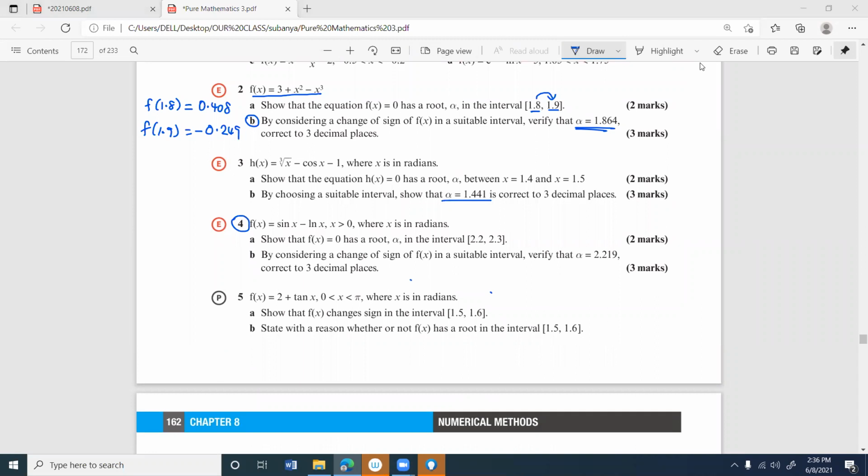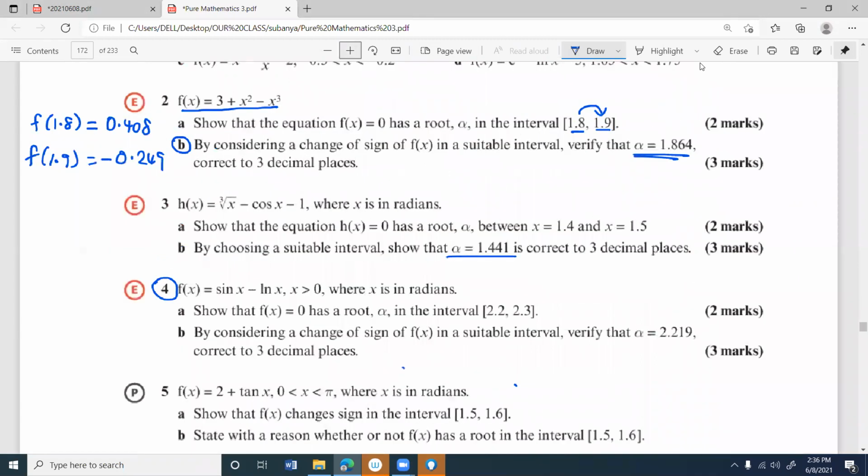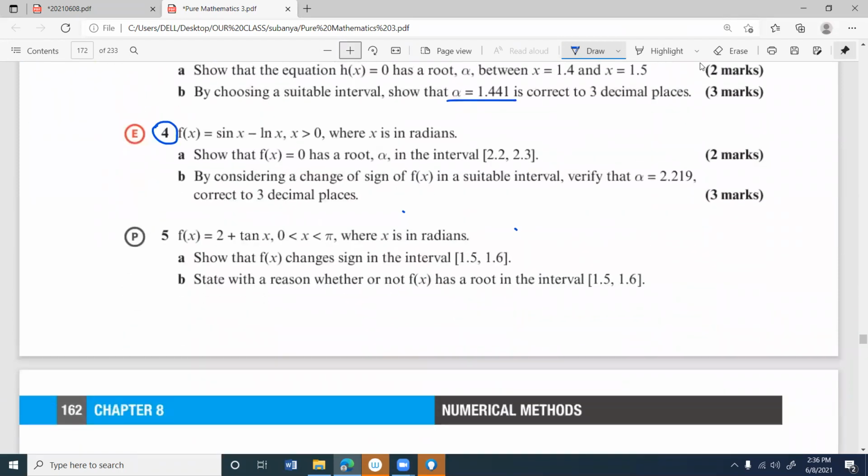Question number 5: f(x) equals 2 plus tan x from 0 to pi, where x is measured in radians. Show that it changes sign from 1.5 to 1.6. Remember that we always have to operate in radian mode, because they have specifically mentioned radians.